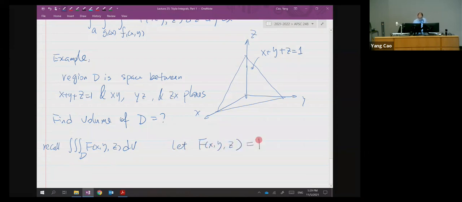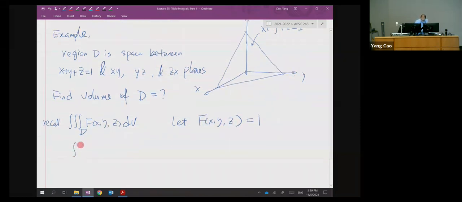I'm going to let this function, the integrand, equal to 1. Then this triple integral becomes this: you're integrating 1, and you won't have a dv there.